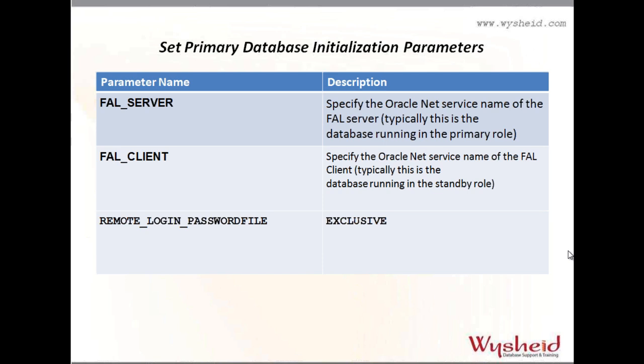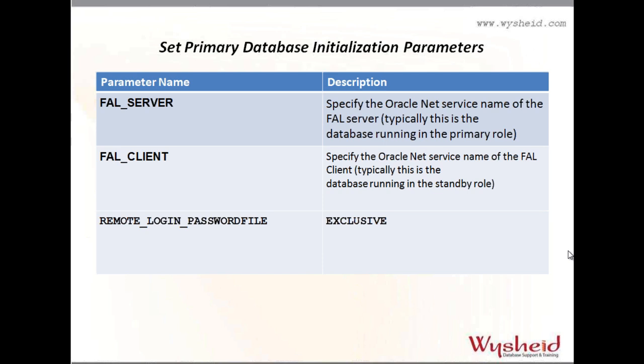It doesn't mean that it should always ask the primary. Assume that you have three databases: one primary database and two standby databases. The first standby database is kept very close to the primary instance, maybe in the same data center, so that there will not be any network communication failure.